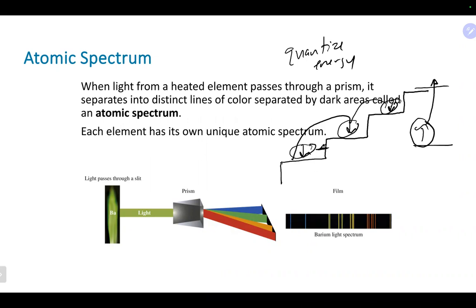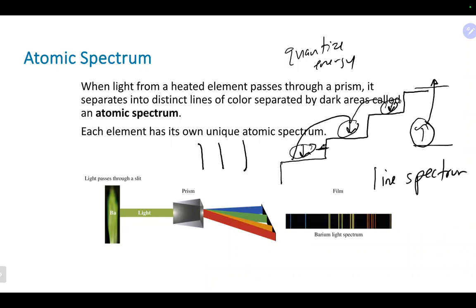So that's the idea of quantized energy. And because electrons travel that way, they give off a very specific spectrum, which is referred to as a line spectrum. And a line spectrum is pretty much what it sounds like. Every single element will give off distinct lines of color at specific wavelengths.